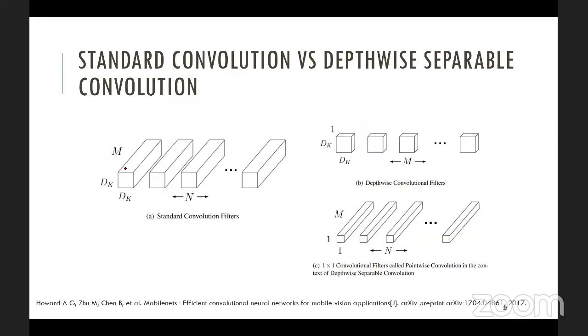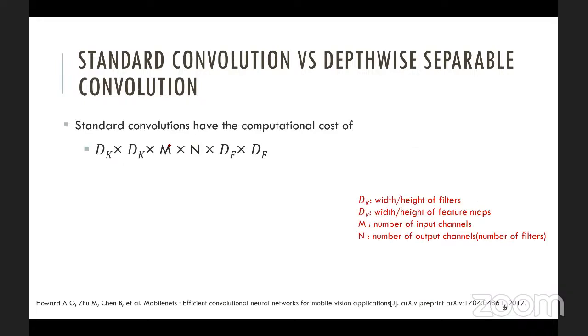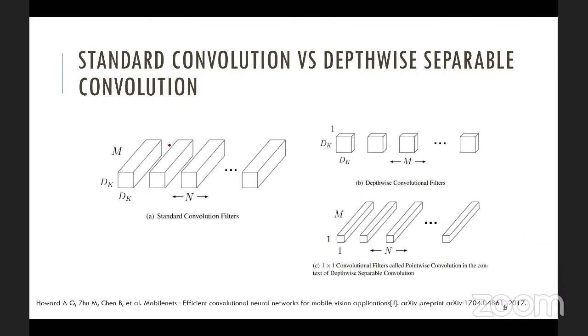Now, I will show you, if we compare this standard convolution and the depth-wise separable convolution, then, okay, let us say this is my filter. So filter size is dk cross dk, and there are these m. So m is your number of input channels.